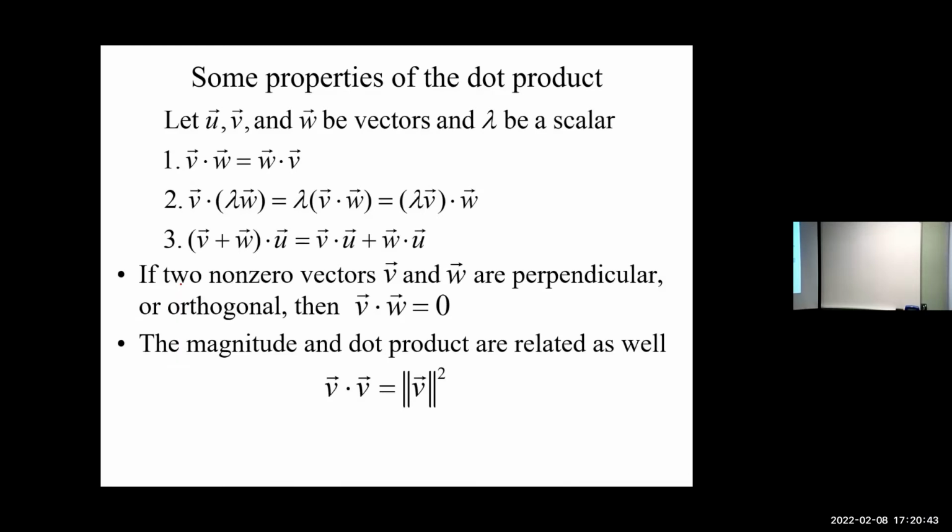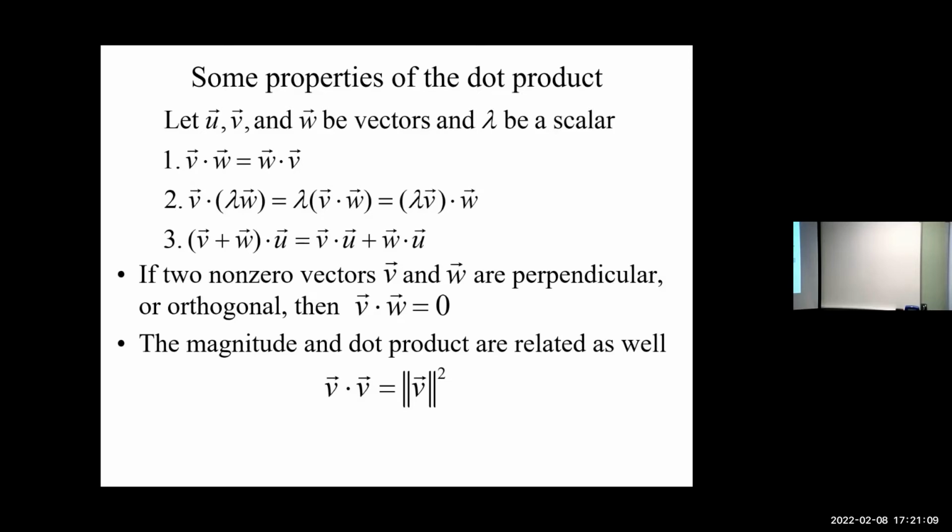Remember, the geometric definition involves cosine. Cosine of a 90-degree angle is 0. In other words, there is no component of this vector in the direction of a perpendicular vector.